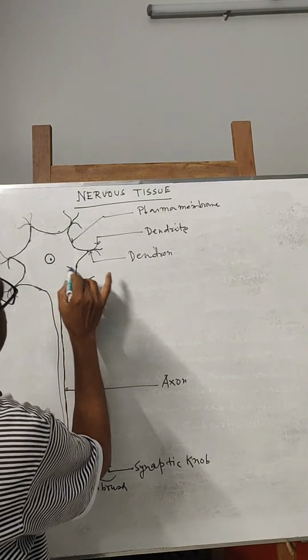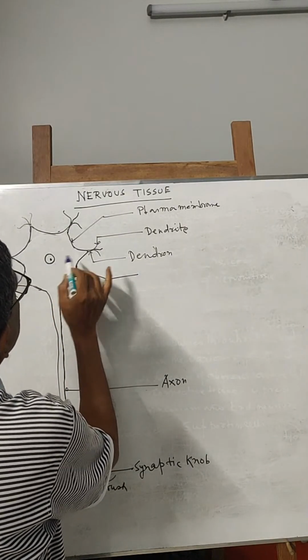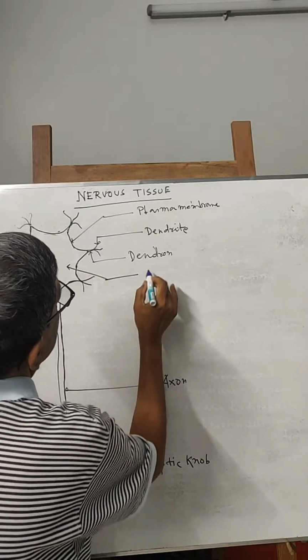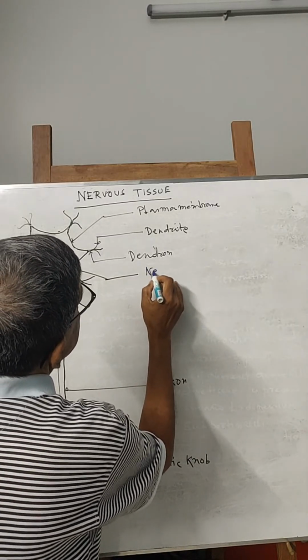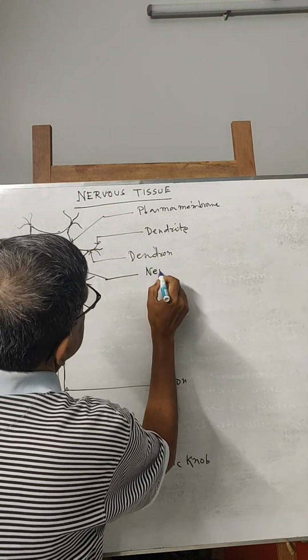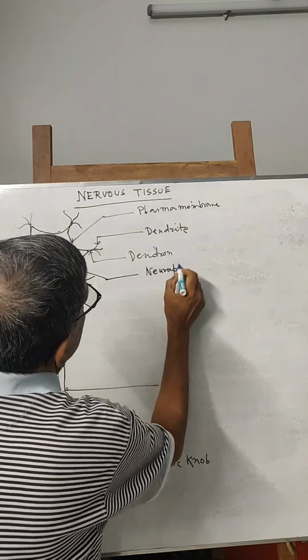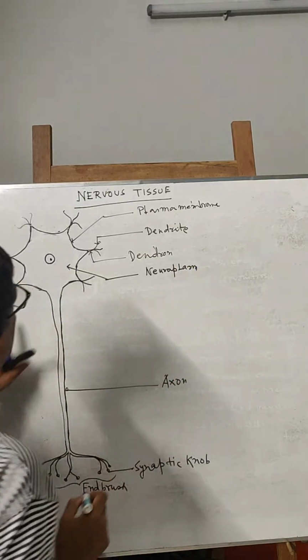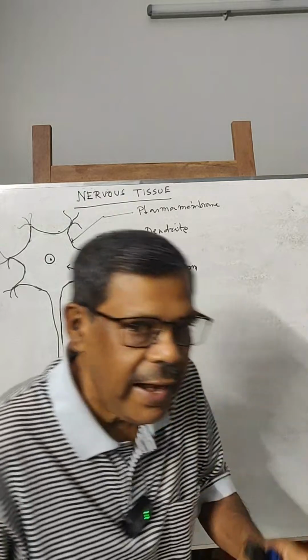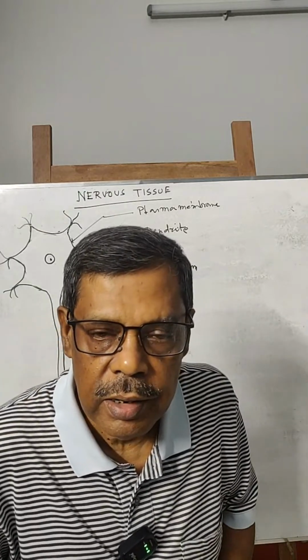The cytoplasm of the cell body is called neuroplasm. In neuroplasm, a single prominent nucleus is present.